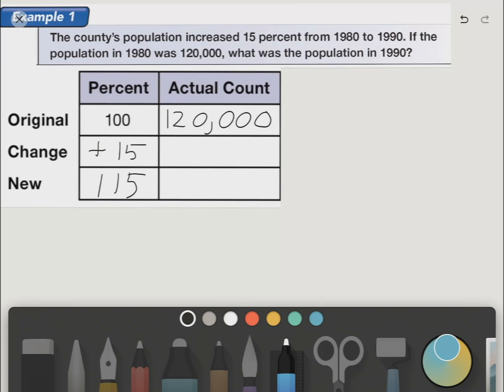And things that we don't know are the amount of change and the new amount. So the numbers we can plug in, let's say to get the new amount. So we can take these across the top and these across the bottom.